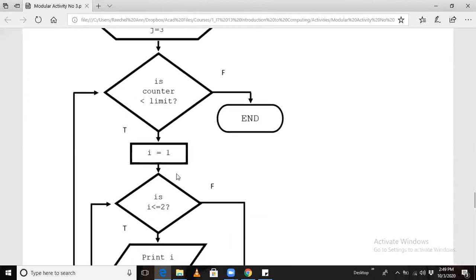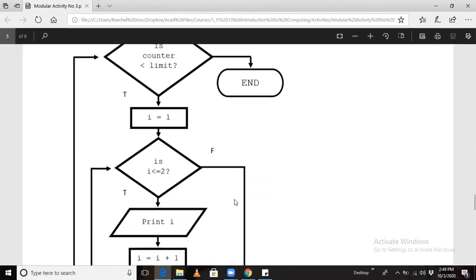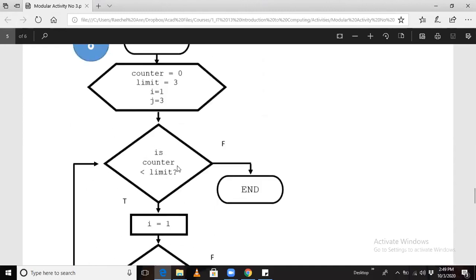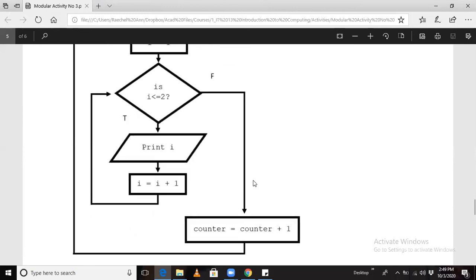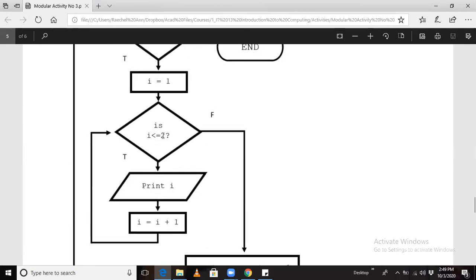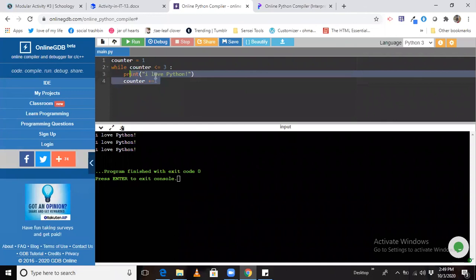Hindi mo ginamit yung J. Supposed to be this is J. Okay, so ang gagawin niya, magpiprint siya ng I, 1, 2, tapos 3 beses. Equals to 1, 2. So, we have I less than or equal to 2. Anong value ng I?